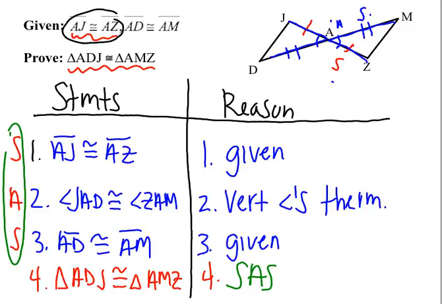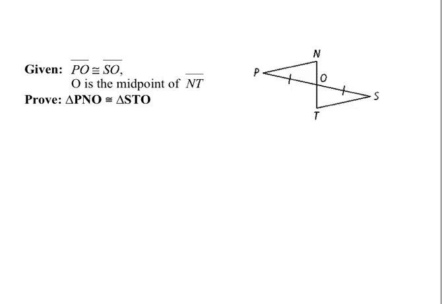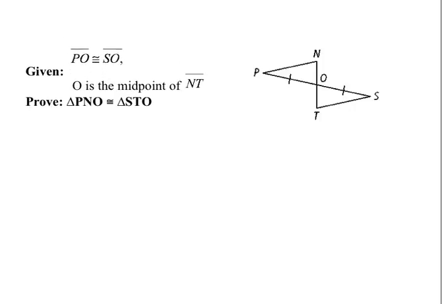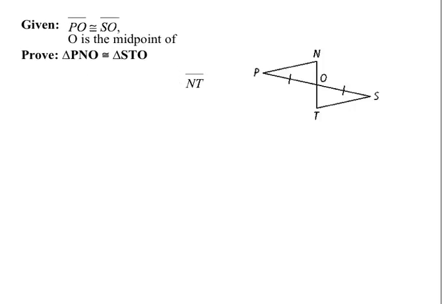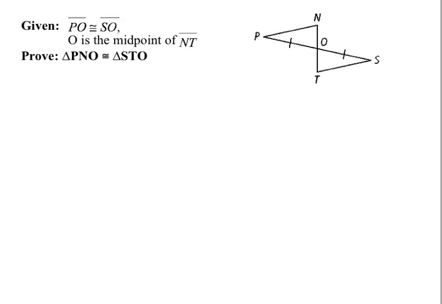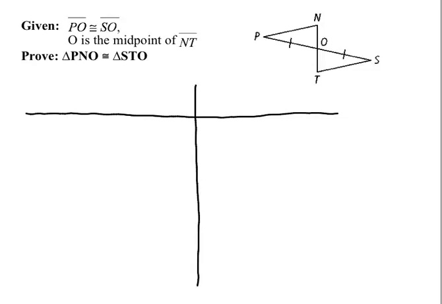Okay, and then our last example for this video lesson. Let me do a little rearranging. Okay, so again, let's set up our page here. Statements, reasons. Now let's just mark up our picture based on our givens, okay?